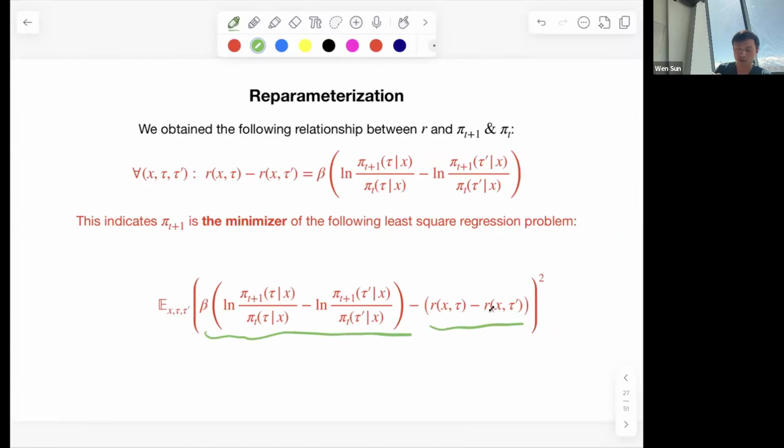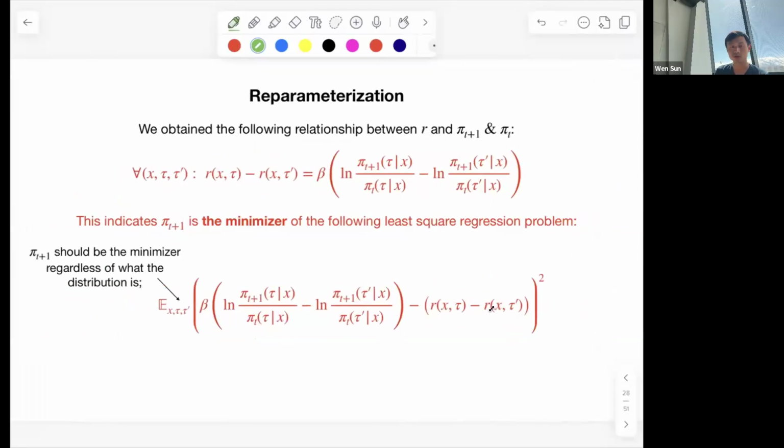Okay, so first thing to notice is that this relationship implies that pi t plus 1 has to be the minimizer of this objective function, right? Because this has to be 0. So 0 is the minimum value you can get for a least square regression problem. So pi t plus 1, this analytical form, has to be the minimizer of this expression.